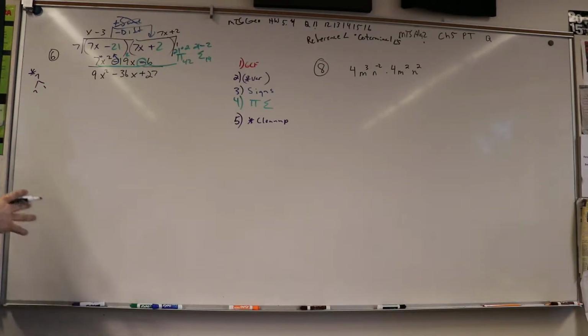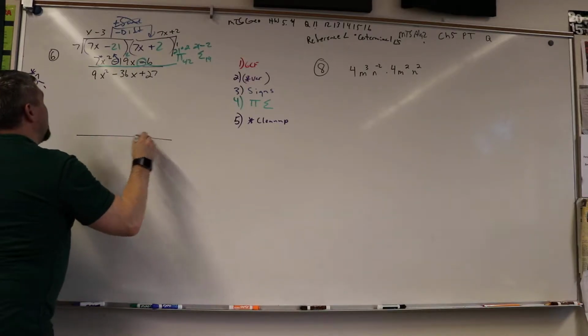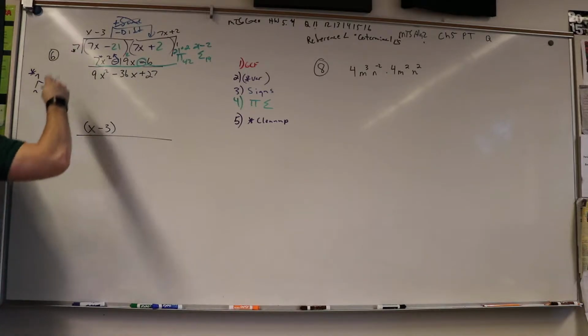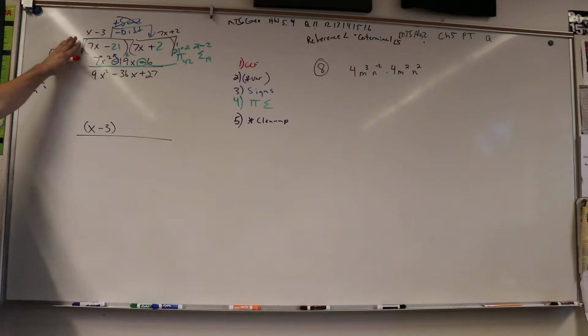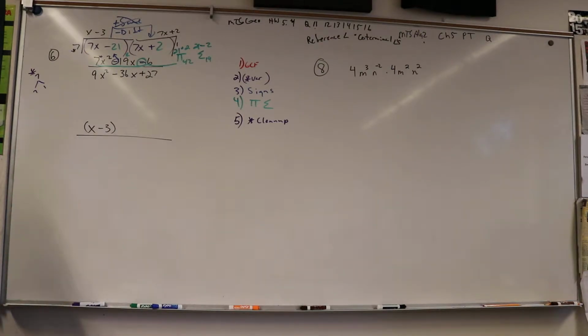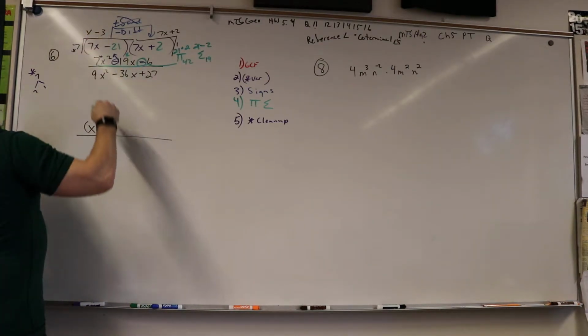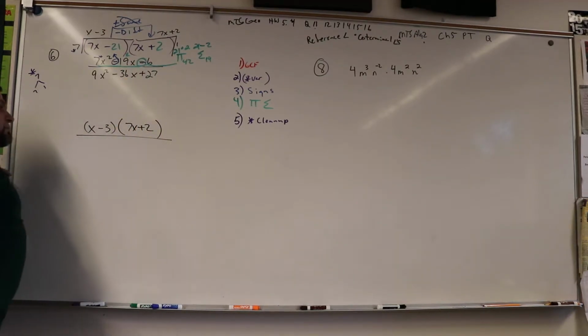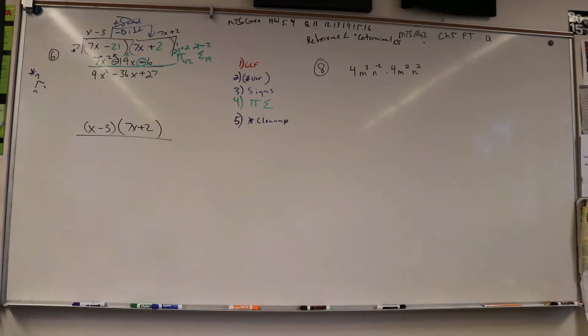So you've got x minus 3, because this 7 is a star, so that's part of getting rid of the problem. And then we have 7x plus 2. That's the top part.